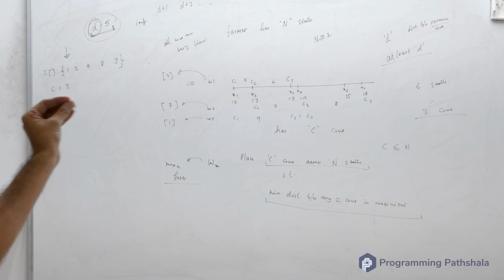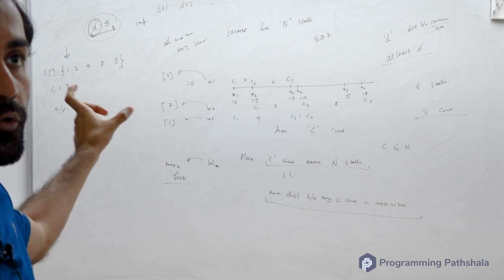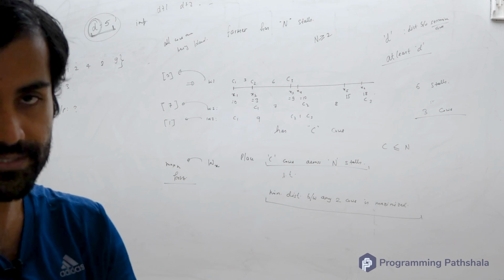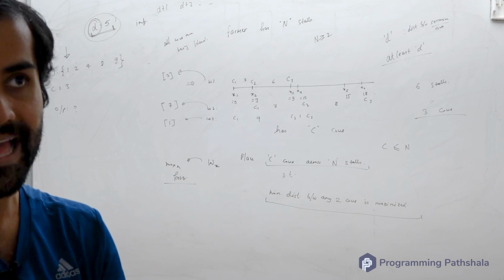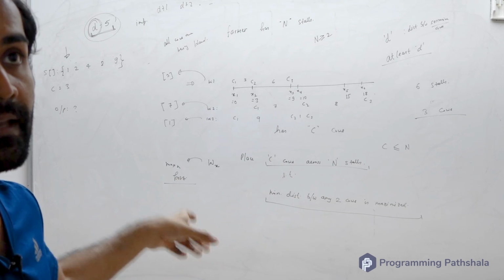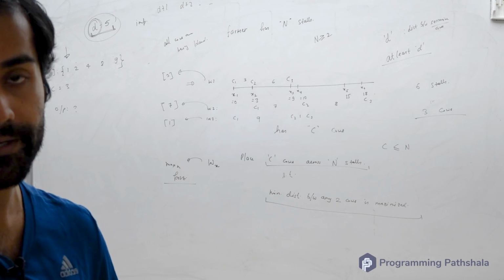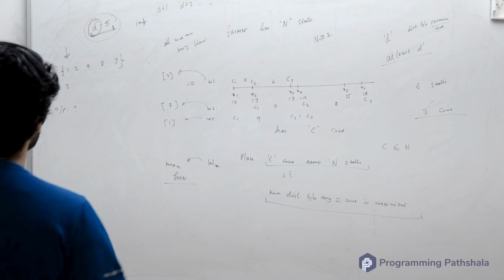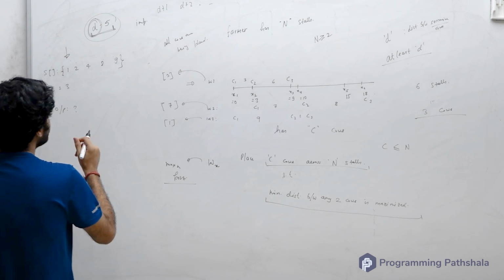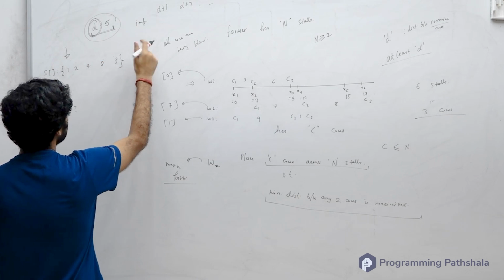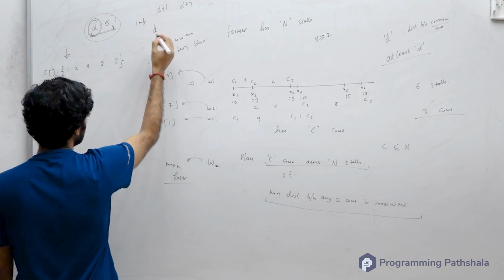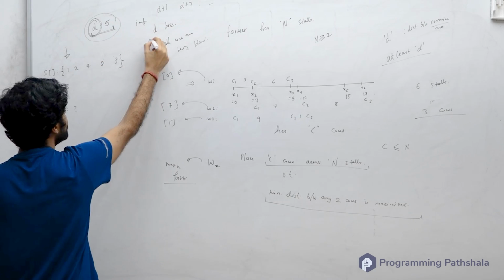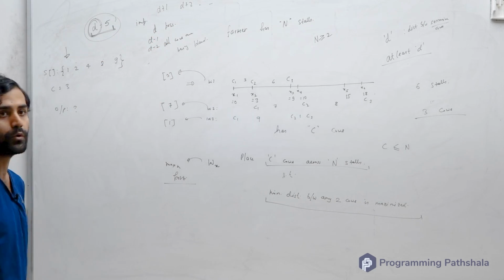So this is the most important concept over here: if you pick a particular value of distance and start placing all the cows such that the gap between them is at least D, and for that D you could not do it, you will not be able to do it for higher values of D also. But if you were able to place the cows at a distance of D, can I say that it would have been possible for D minus 1, D minus 2 and so on also?